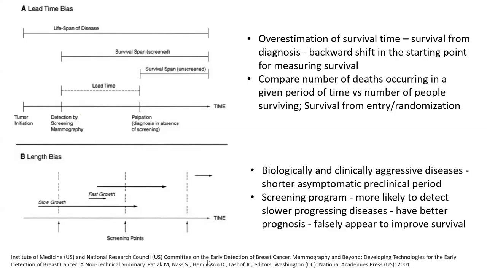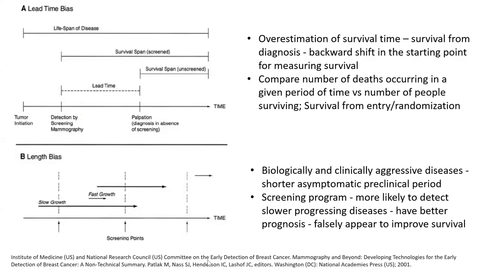Ma'am, yes. Length time bias usually happens with the screening test. Screening tests are conducted at different time points. In the case of carcinomas, if a carcinoma is fast growing, the time it takes for symptoms to appear will be very short. In slow growing tumors, the progression phase will be long and the time for the symptoms to appear will also be very long.